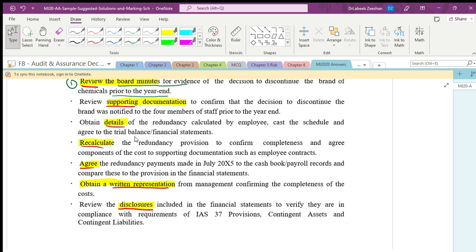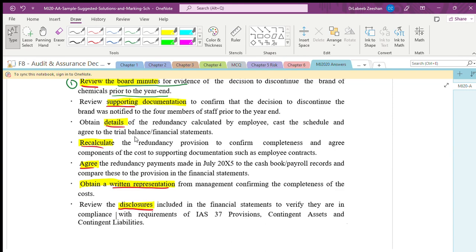You should not get the written representation first. You have to get the written representation last, and after that only there is a presentation. People will write presentation first, written representation second. Marks will not be awarded. They simply will not give marks.